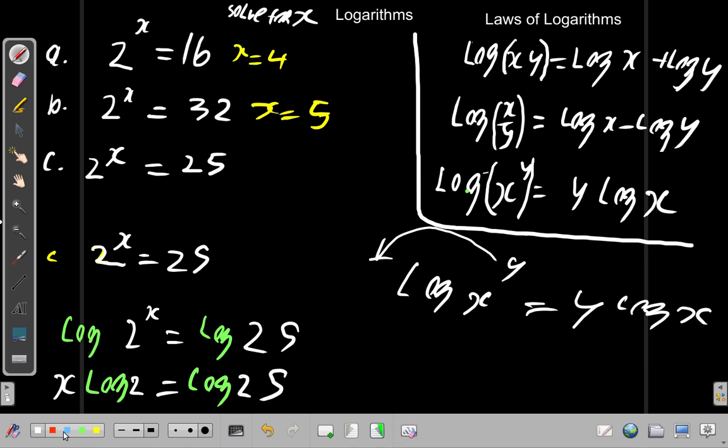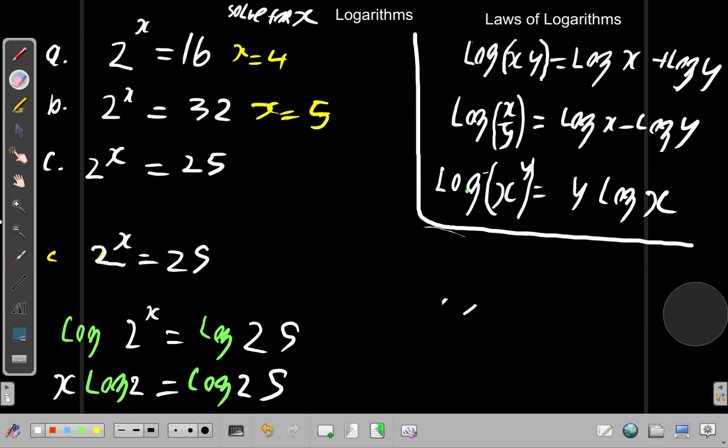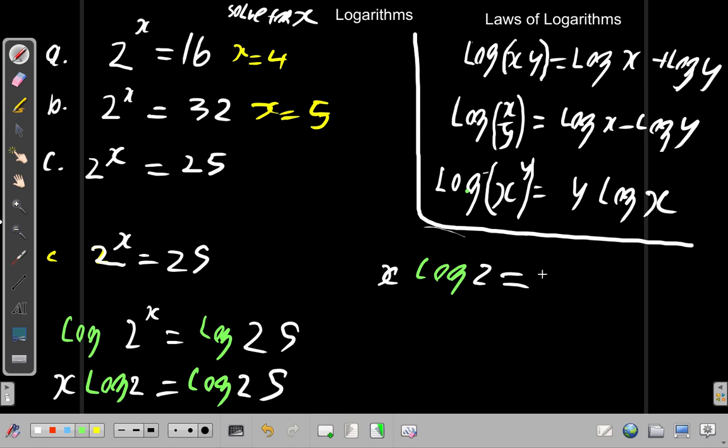Now, let's continue over here. Let's erase what we have here. Now, it's x you want to find. All you need to do is this. If you have x log 2 equals log of 25, what you need to do is divide by log 2.